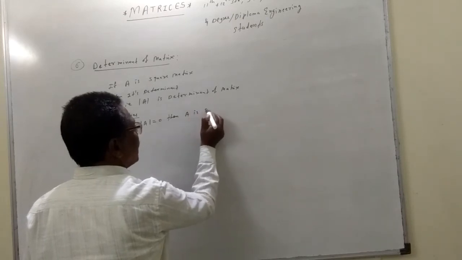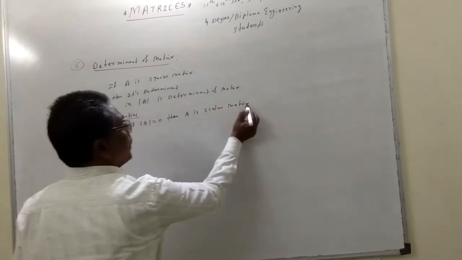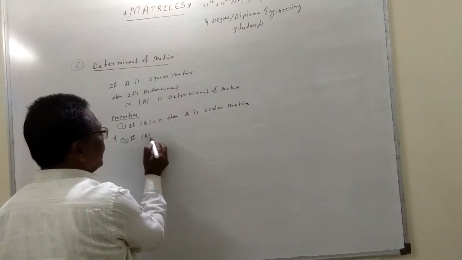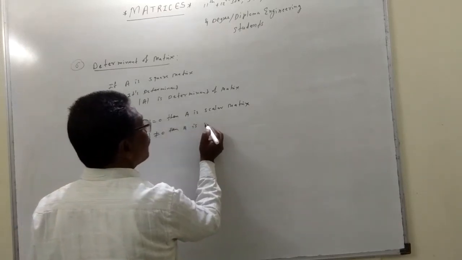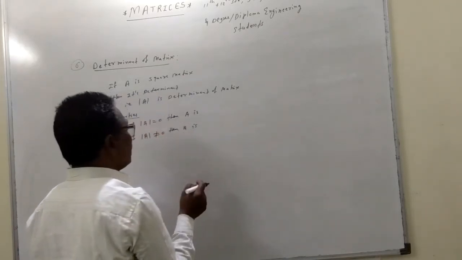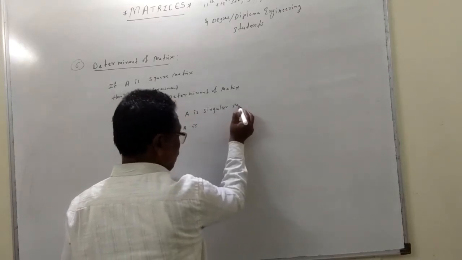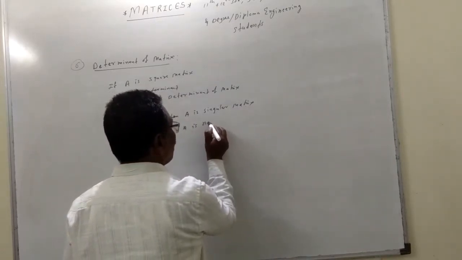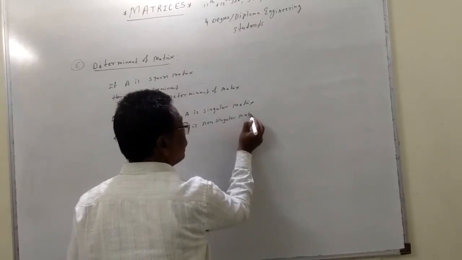If determinant A is equal to 0, then A is a singular matrix, and if determinant A is not equal to 0, then A is a non-singular matrix.